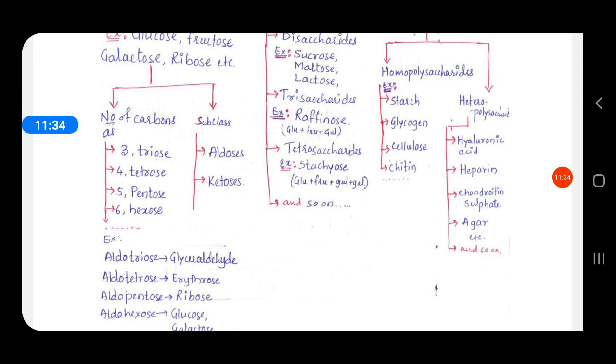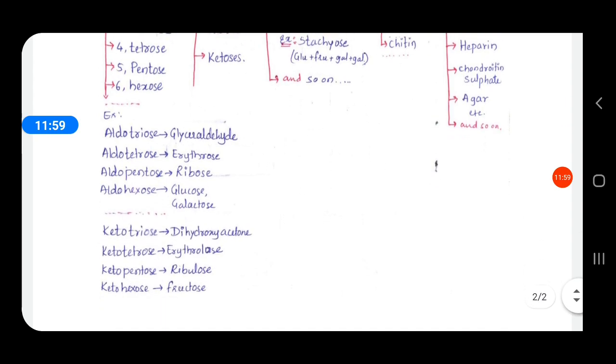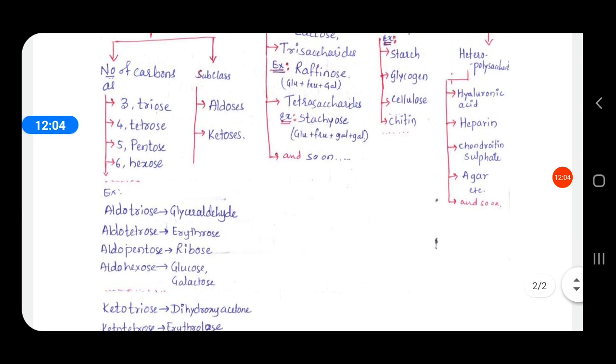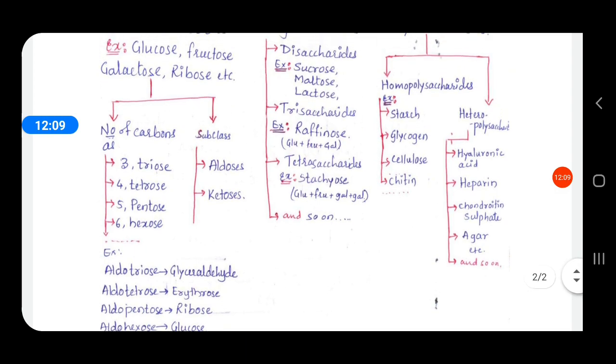So depending upon the functional group, they are classified as aldoses and ketoses, and depending upon number of carbons present as trioses, tetroses, pentoses, hexoses. Then while giving the name, combiningly the functional group and number of carbons is taken. So aldotriose, aldotetrose, aldopentose, aldohexose, ketotriose, ketotetrose, ketohexose, like this. The functional group and number of carbons both are taken here.